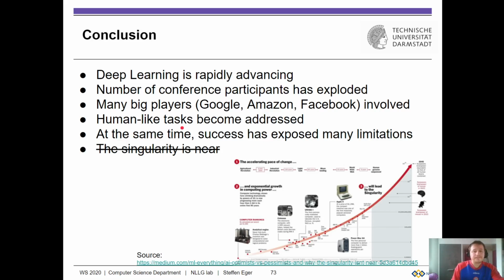And now human-like tasks such as generating text are being addressed. Previously it was mostly low-level tasks such as part of speech tagging or some classification tasks, but now computers have the potential and the ability to really do tasks that previously we only assigned to humans.